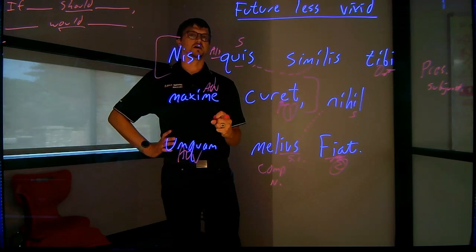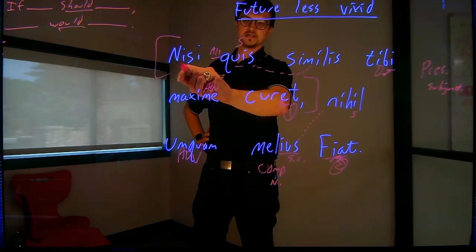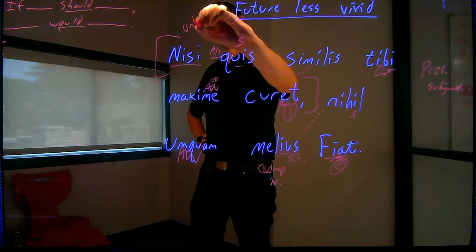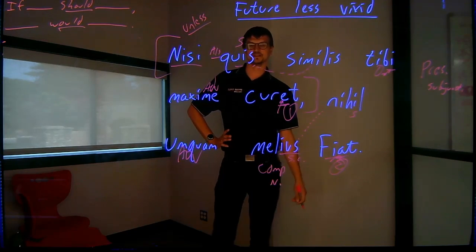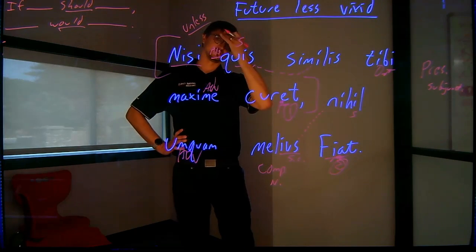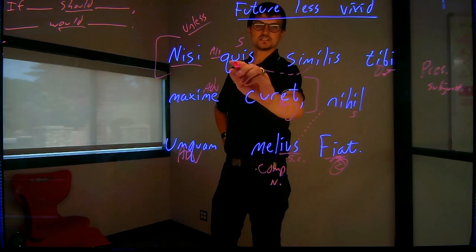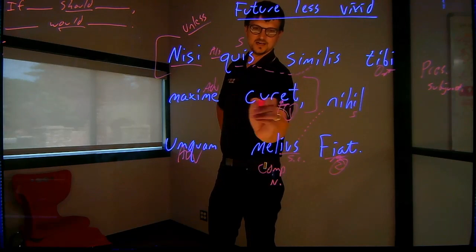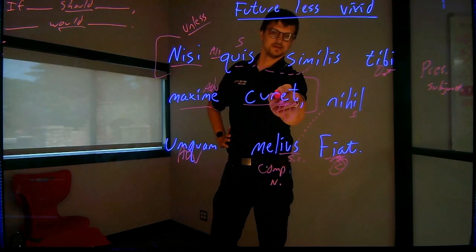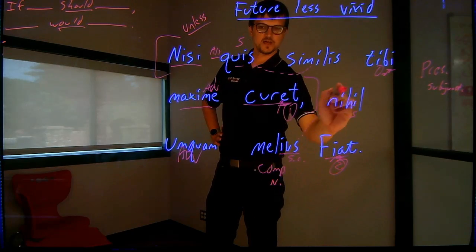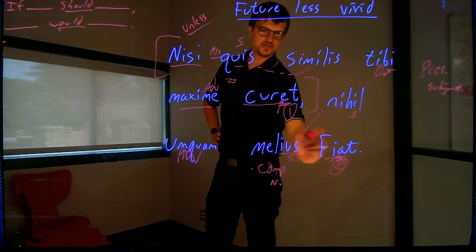So you have unless. I'm going to use unless here simply because this is actually kind of a quote from the Lorax, and in English, Dr. Seuss uses unless. So unless somebody similar to you should care very much, nothing ever will become better.